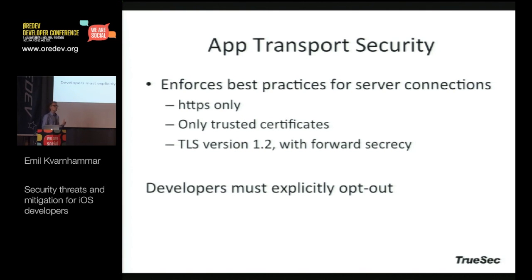And you should always use forward secrecy algorithms, and you should use TLS version 1.2 or later. And I think this is a great initiative because this is going to make all the use of iOS applications a lot more secure. And it's going to improve the overall quality of all these applications.